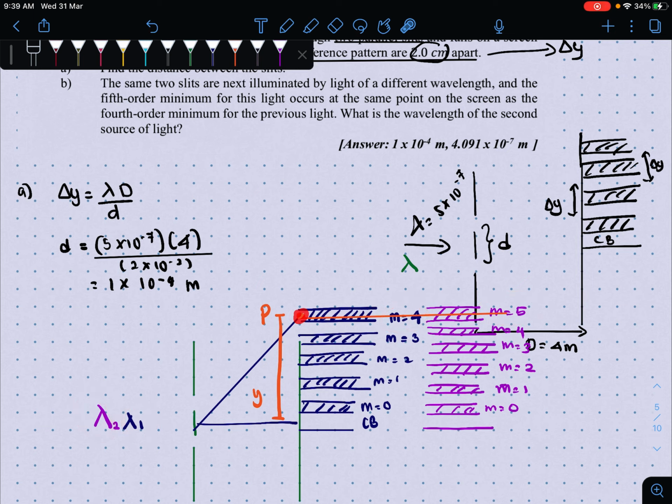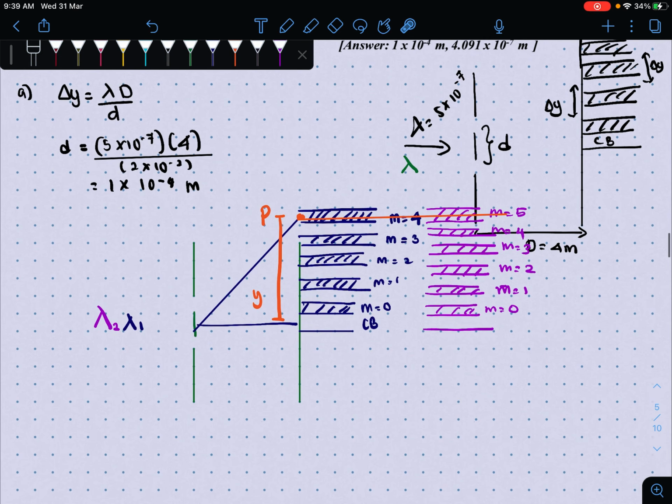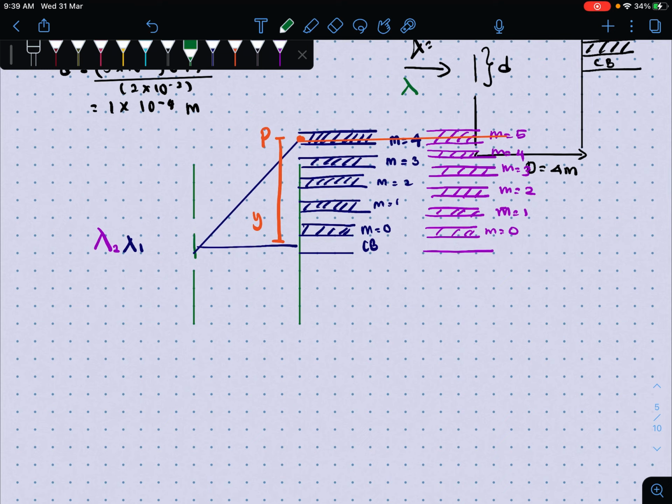Okay, faham ke? Maksudnya pada titik yang sama ni, awak dapat fourth order untuk previous light, tapi awak dapat fifth order untuk the next light. Okay? So the question asks to find the wavelength of the unknown source, unknown light dekat sini. Okay, so kita nak cari lambda 2 here.